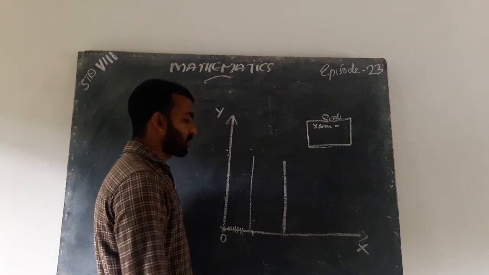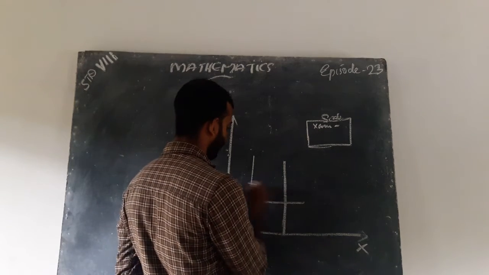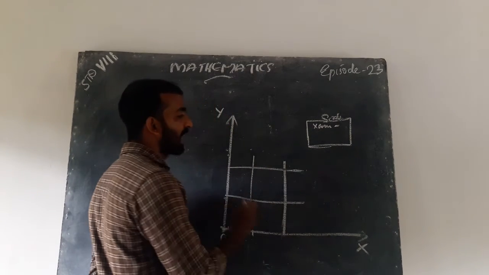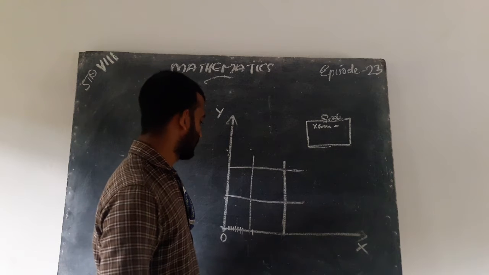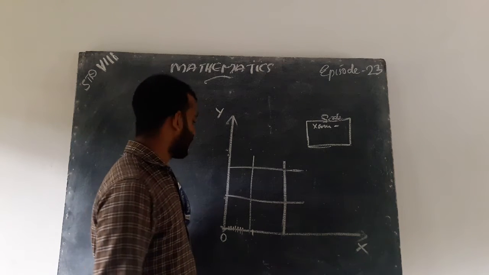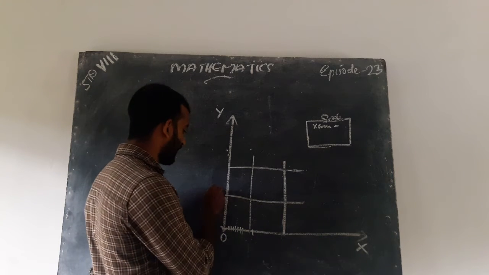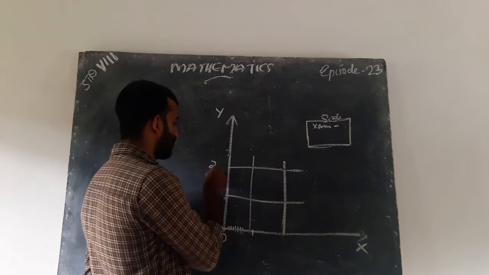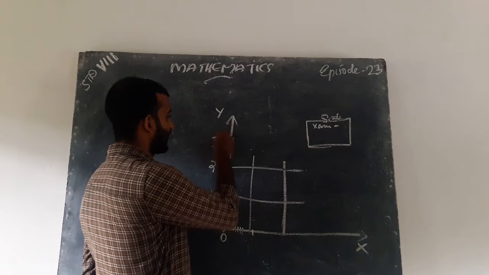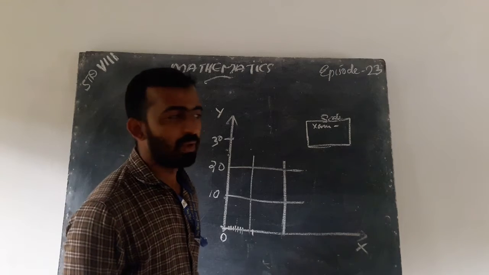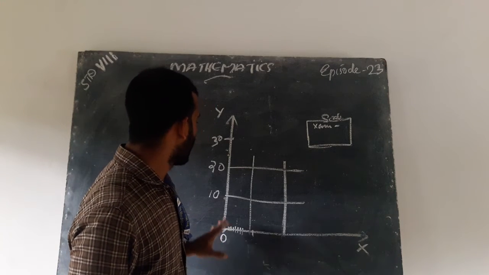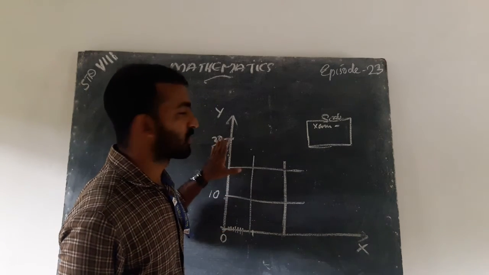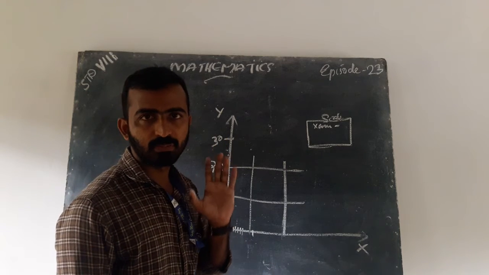Vertical and horizontal lines in the graph are all equidistant. We first make 0, 10, 20, 30. This is the order. We don't write 0, 10, 20, 25. That is wrong.